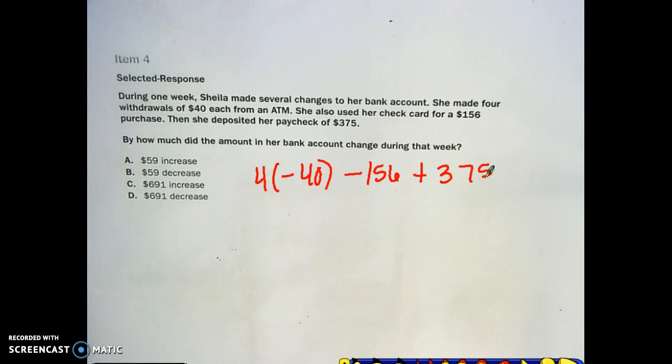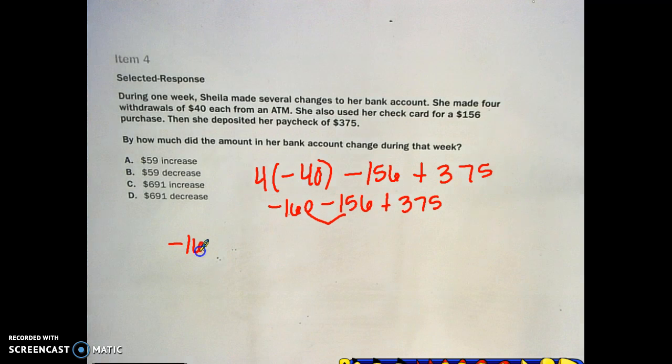So for the 4 times that she withdrew from the ATM, 4 times -40 is -160. That's $160 that she withdrew. Bring everything else down. -160 minus 156.